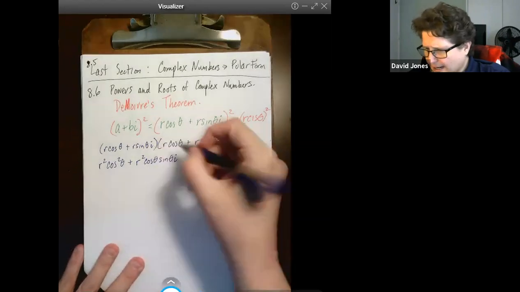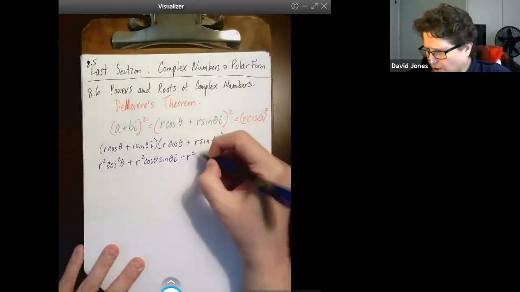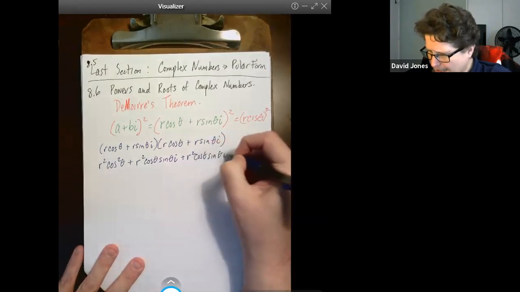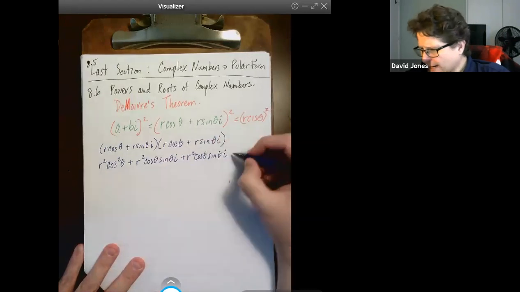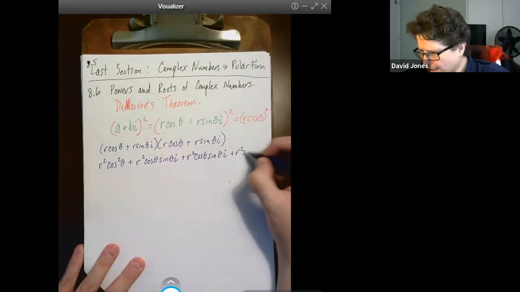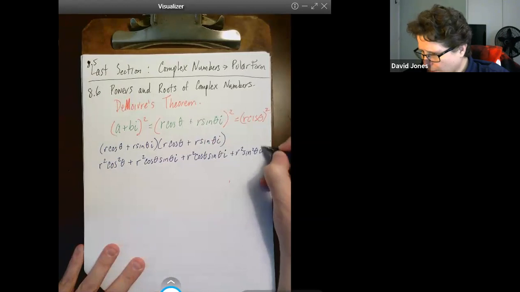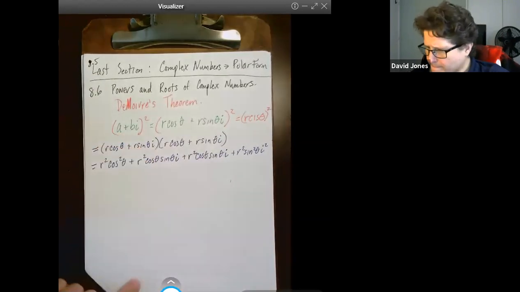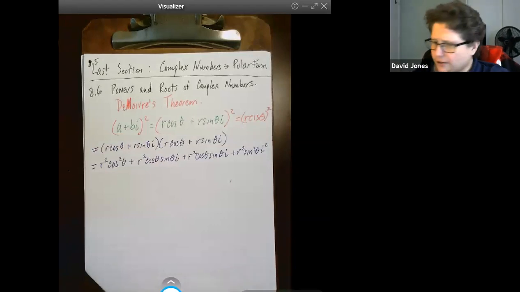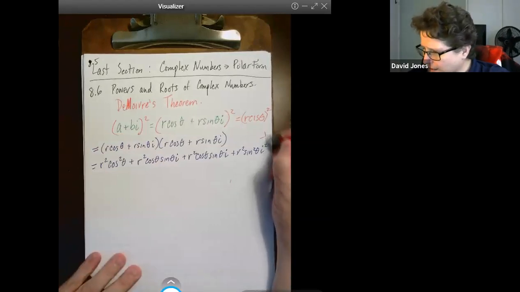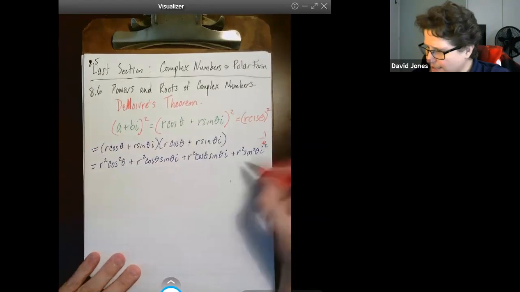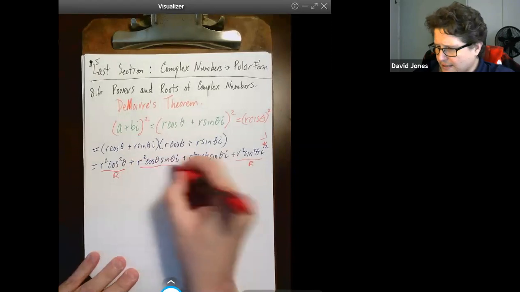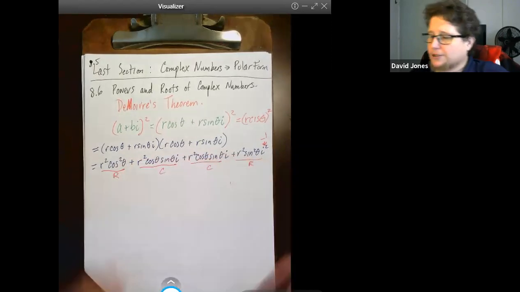And then inside, I have another one of those, r squared cosine theta sine theta i. And finally, I end up with r squared sine squared theta i squared. This i squared over here, though, this turns into -1, right? So this is a real term. This is a real term. This is a complex term, and this is a complex term.